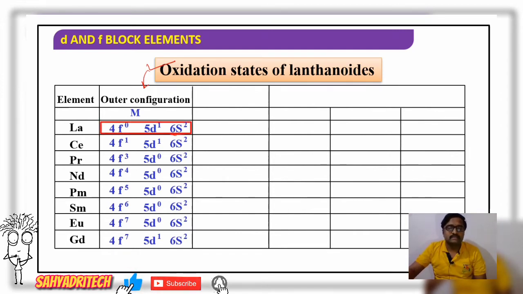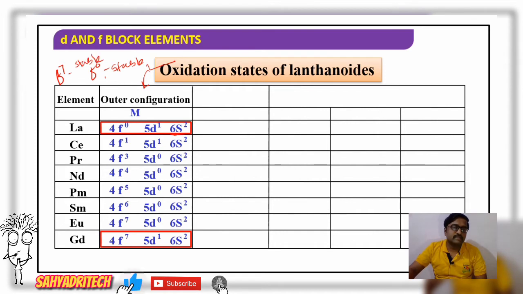Now if you consider lanthanum 4f0 5d1 6s2, and gadolinium 4f7 5d1 6s2: f0 is a stable configuration, and f7 is half-filled, which is also a stable form, and f14, completely filled, is also most stable.